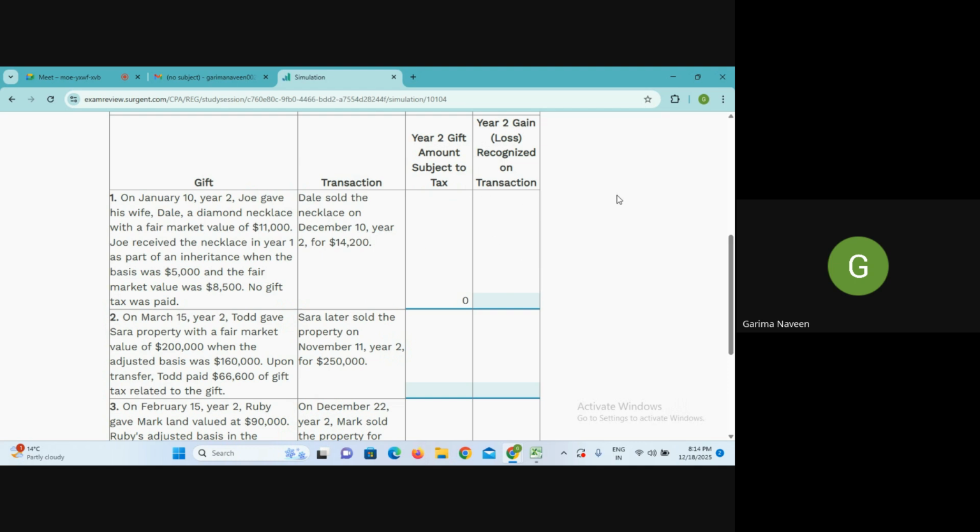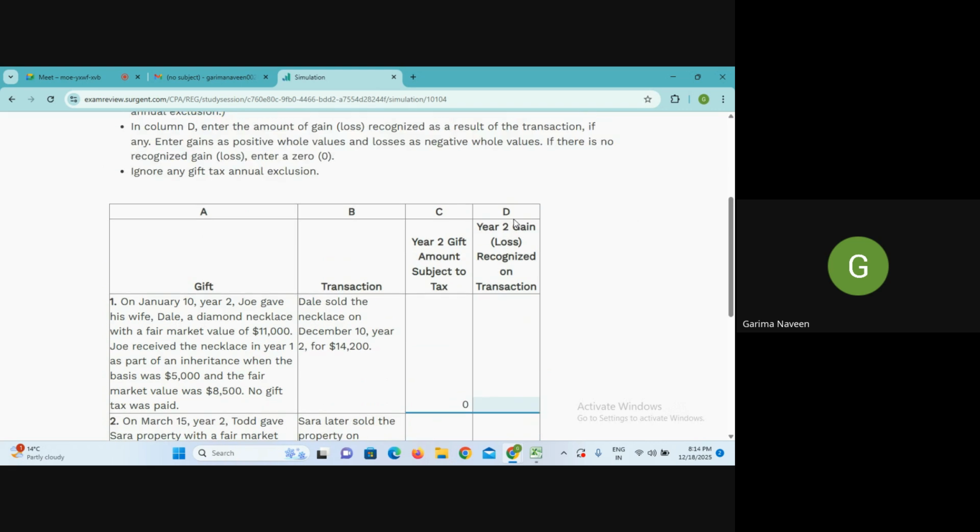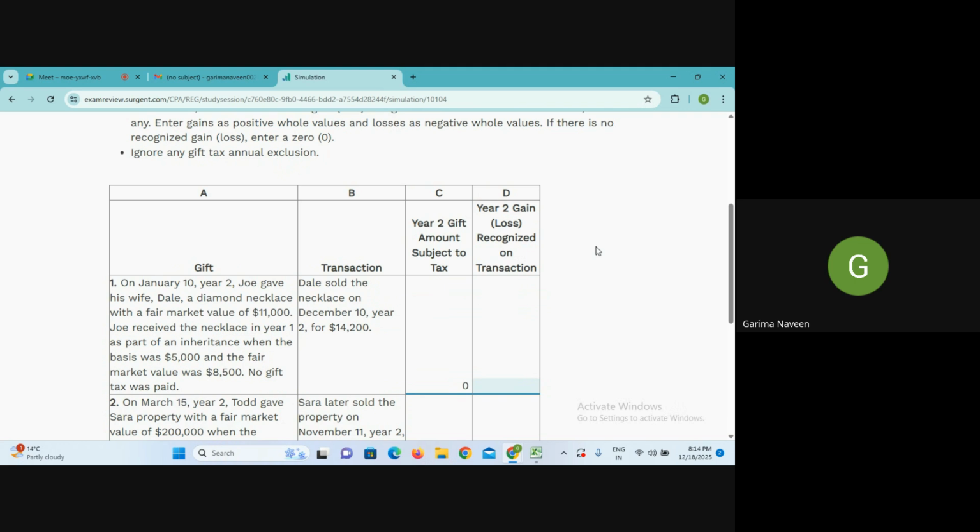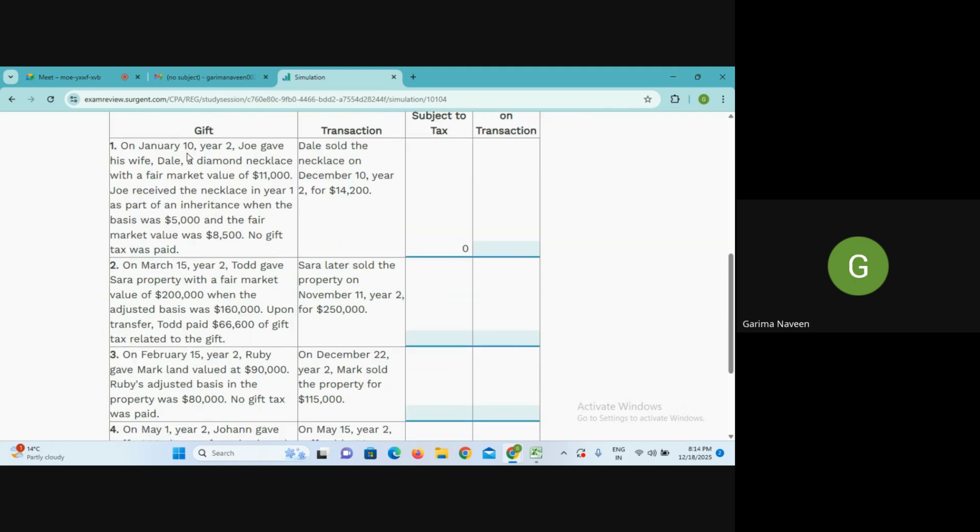Okay. Second thing, to find the gain and losses that will be recognized, first you have to calculate the basis, then look for the selling price. So first of all, Joy is getting this necklace as a part of inheritance. In case of inheritance, the fair market value on the date of death will be considered as the basis of the property.